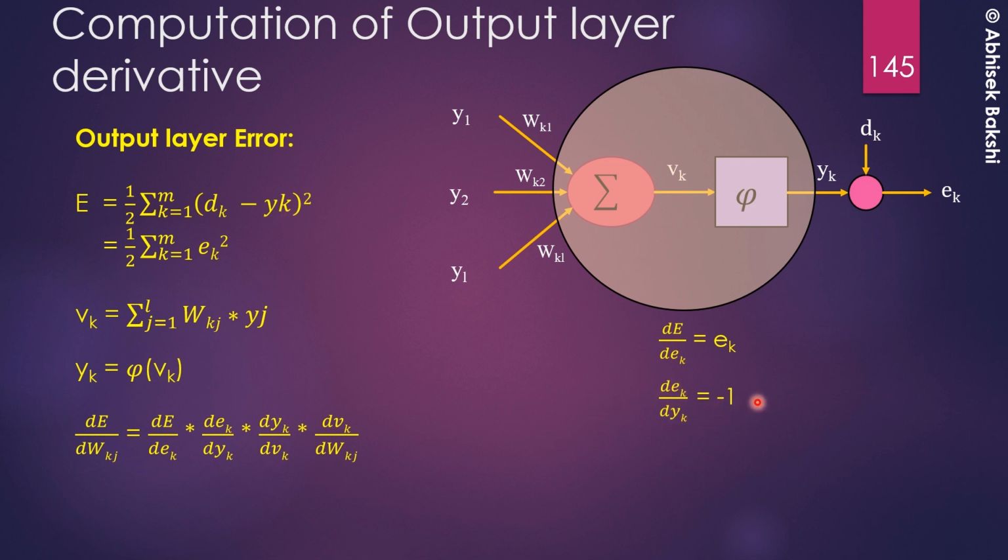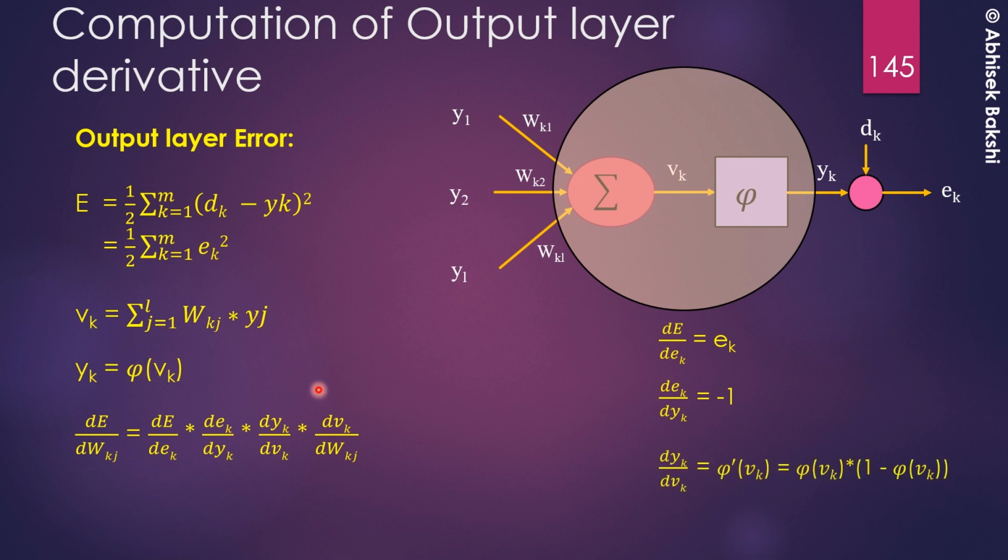As simple as that. Now derivative of yk with respect to derivative of vk, and this is very interesting. What do we know about this sigmoid function? We know that the sigmoid function's derivative is very easy. It is the sigmoid function multiplied by 1 minus sigmoid. That is right.